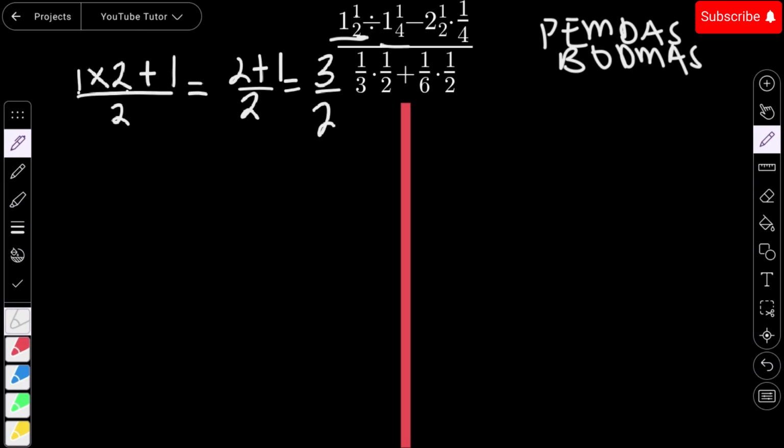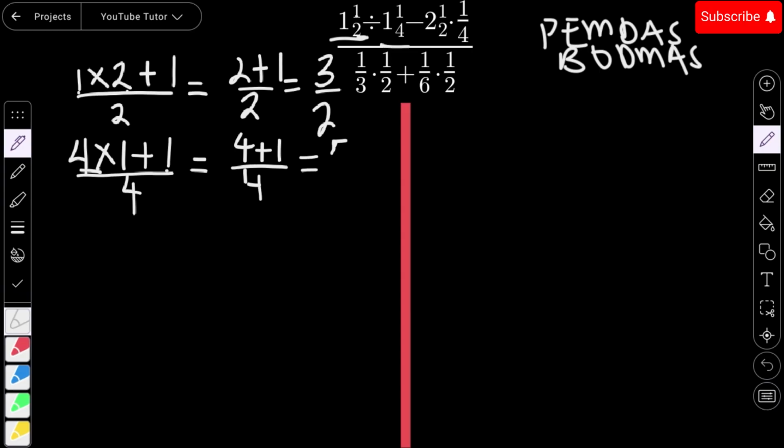Now with this, we get 4 times 1 plus 1 all over 4, which also gives us 4 plus 1 over 4, and it's equal to 5 over 4.